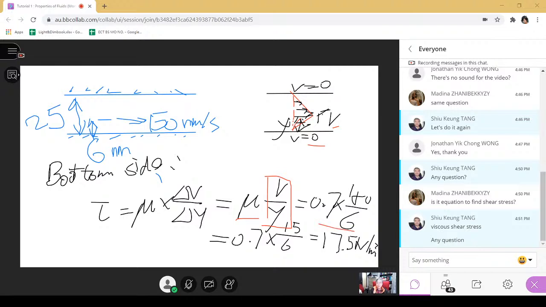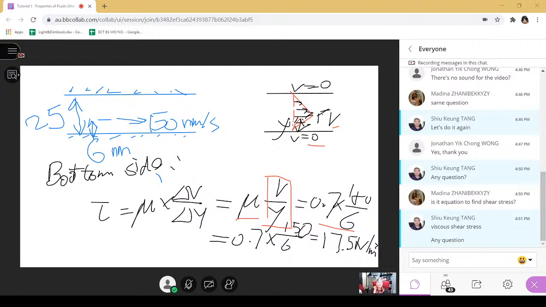I missed out something here. It's 150. Okay, so the bottom side is finished.